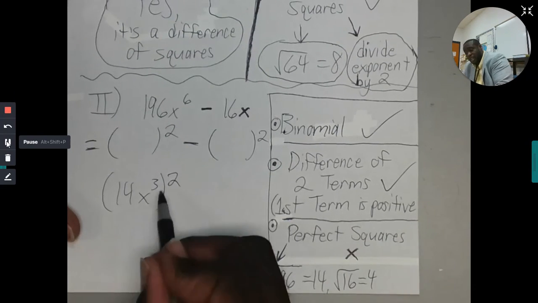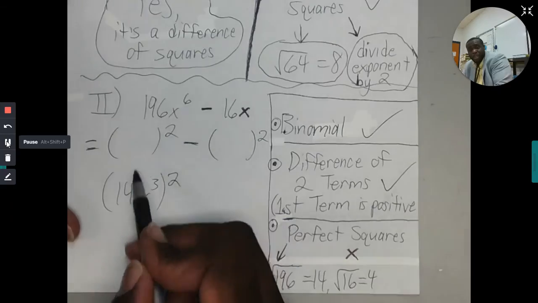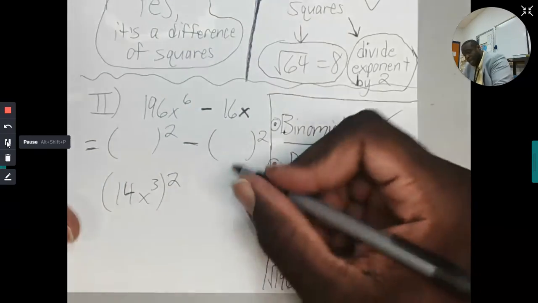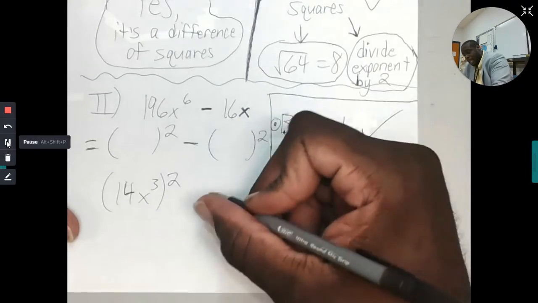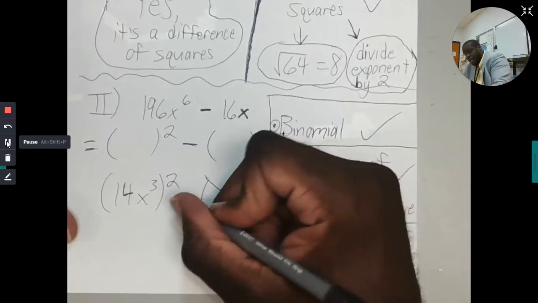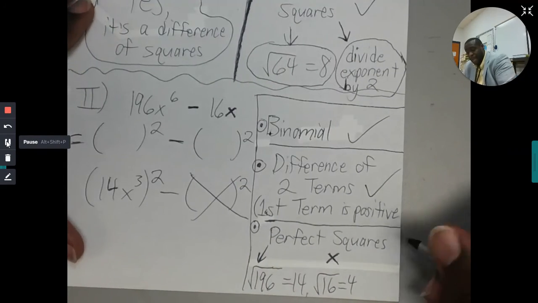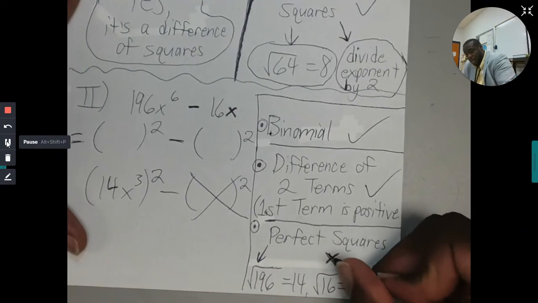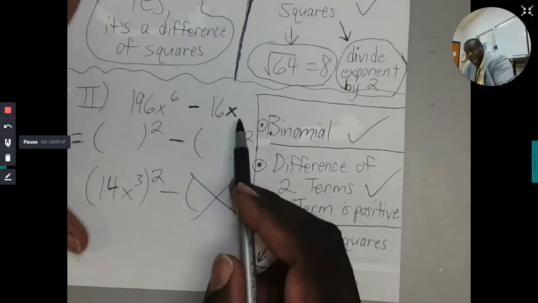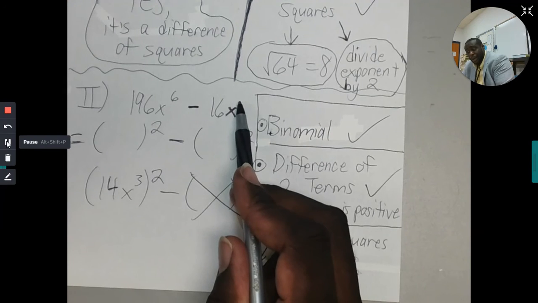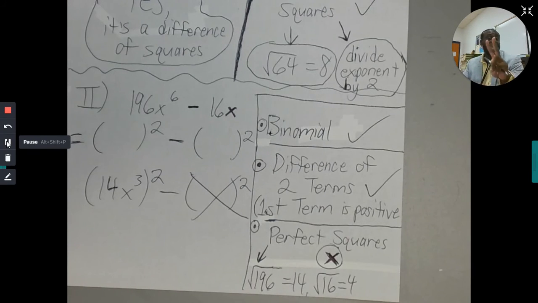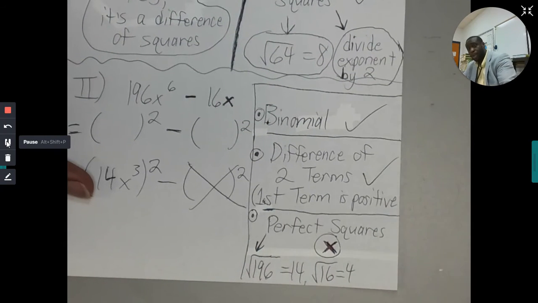This one, the first one, can be written in that perfect square type of form, but this second one cannot be written like that at all. So they're not perfect squares. So this one here does not work out at all. We are not able to divide our exponents by 2, or at least we're not able to divide it evenly, meaning we don't get a whole number.